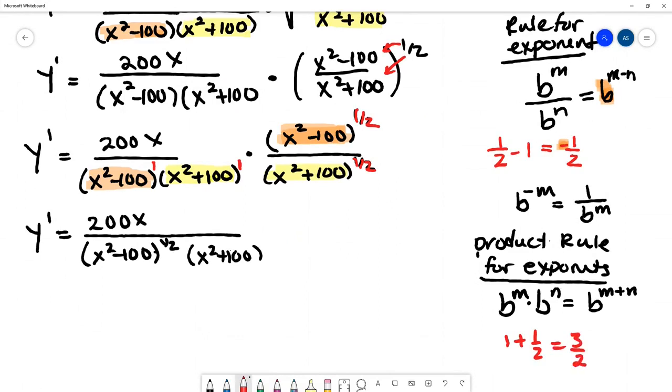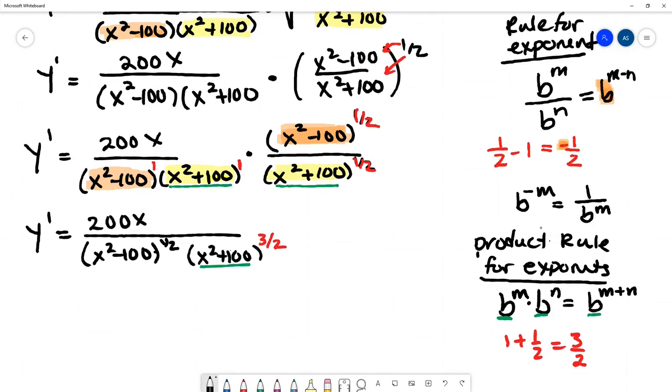That's going to be the new exponent. Now, we started off with our base in the denominator, and the new base is in the denominator.